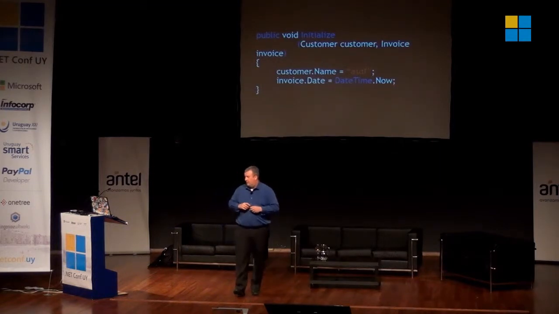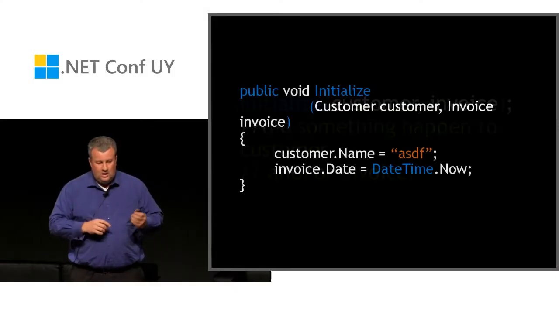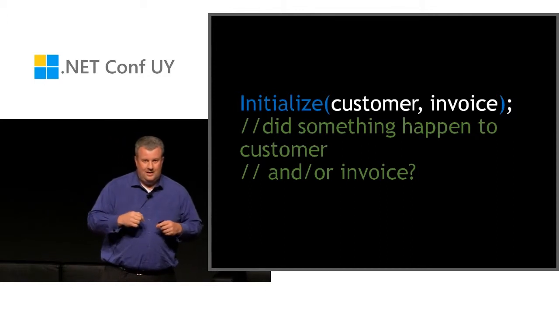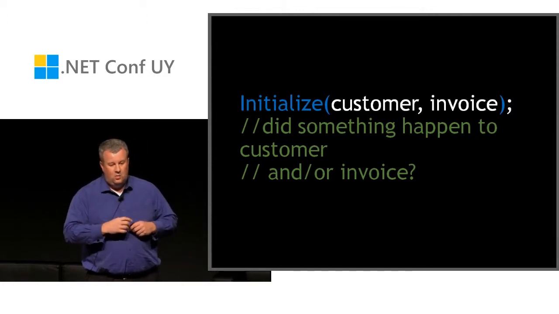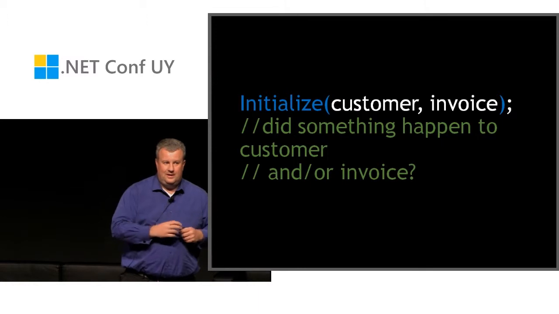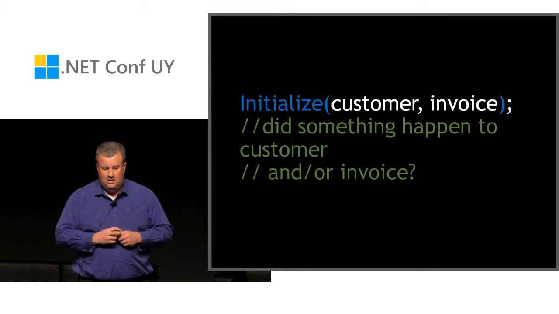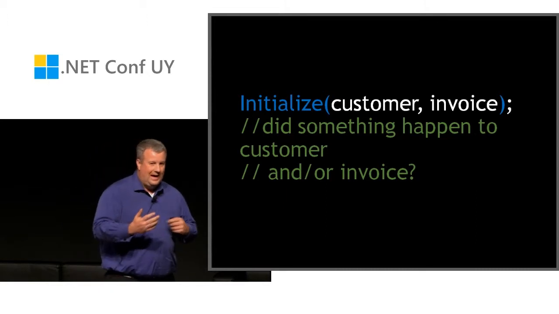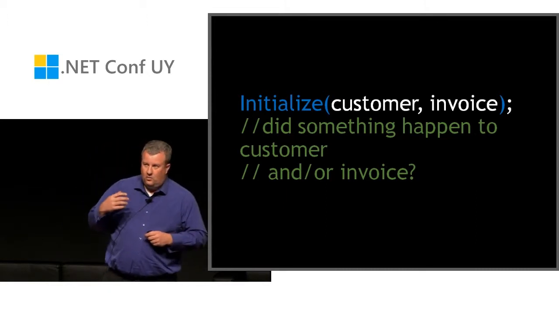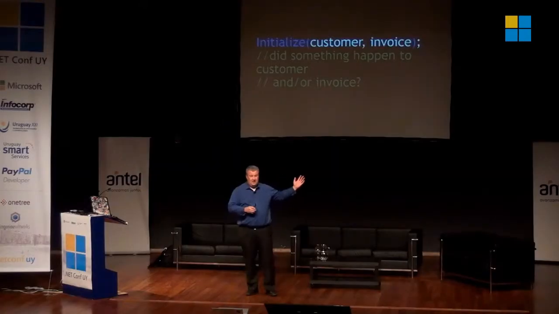There's a problem with this. When we're consuming that initialize method, we don't know what happened, or if anything even happened, to those 2 parameters that we passed in. This is a lack of clarity, and we usually refer to this as unintentional changes. Something has been unintentionally or unknowingly changed in our code. The readability here is very difficult.